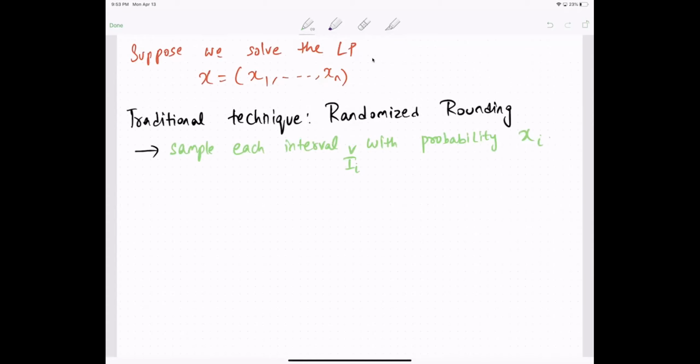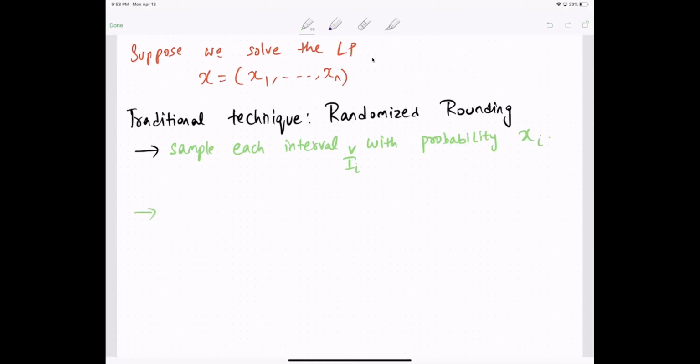So this is very good in terms of the total weight that we will collect in the end, right? So notice that the final objective is to maximize the weight of the intervals that we collect, right? So if we just use this technique, what would happen?